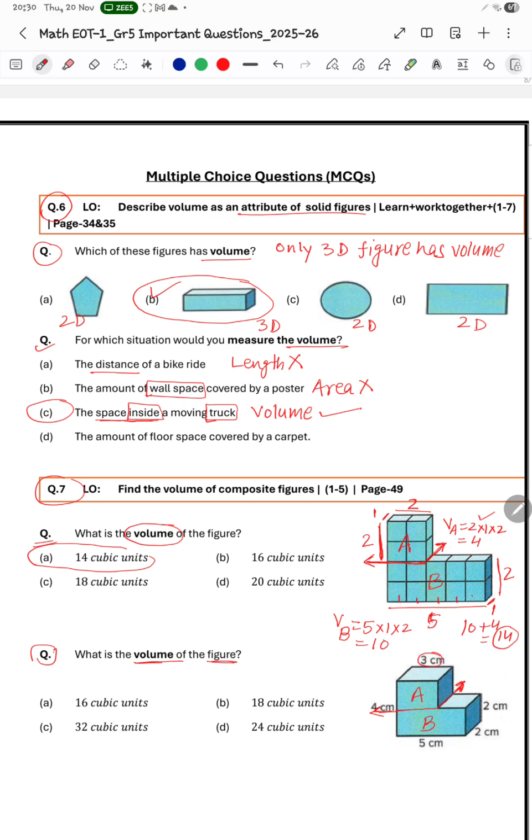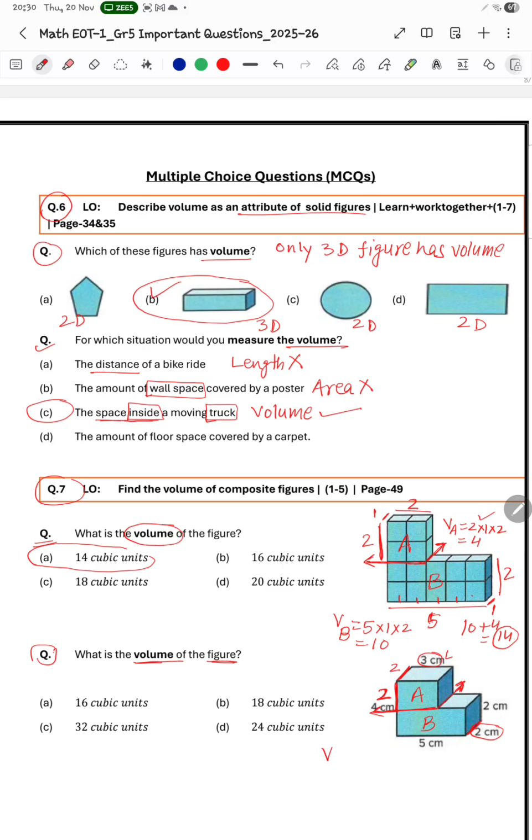So one number is 3, that is L. The width is 2, as you can see here. And the height will also be 2, because the entire is 4. And if I cut it from here, it will give you 2 height.